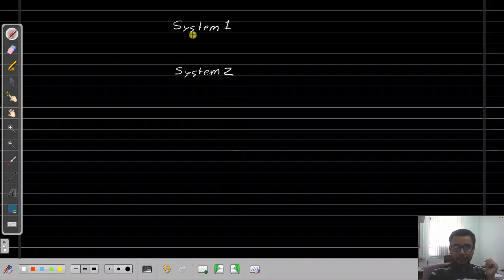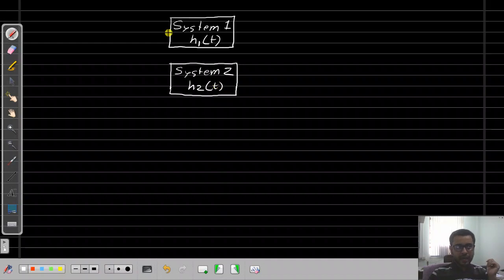Suppose the impulse response of the first system is h1 of t. This is given. And let me denote the impulse response of the second system as h2 of t.